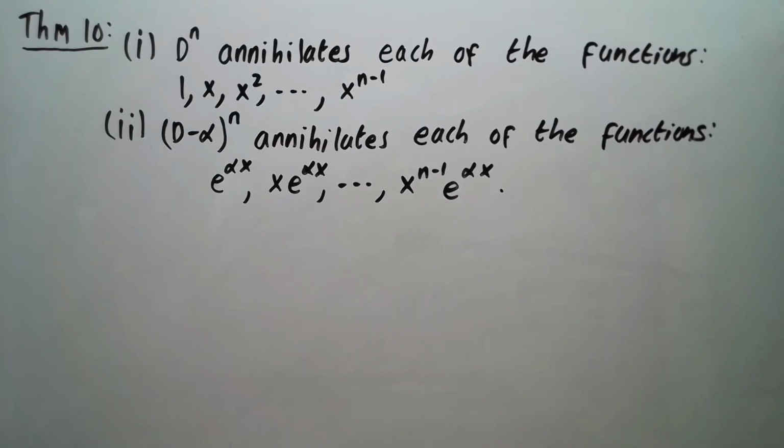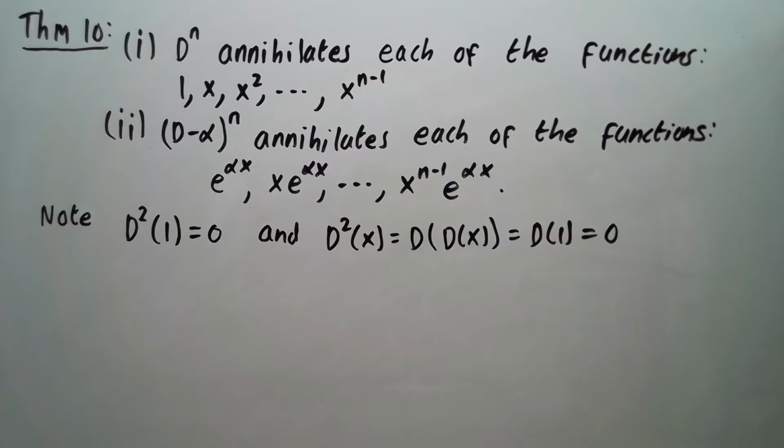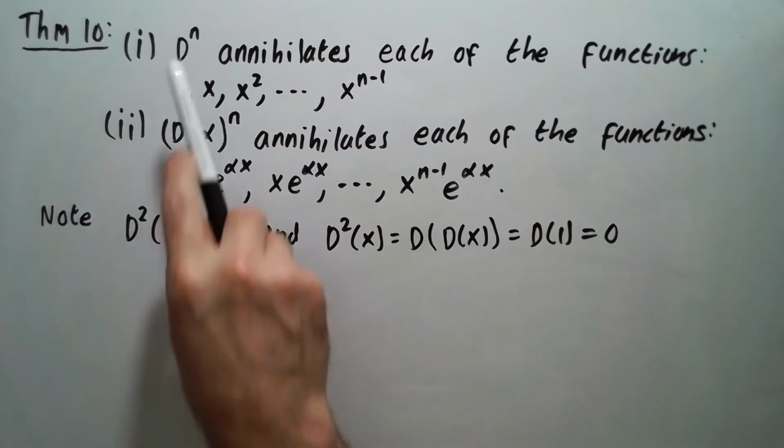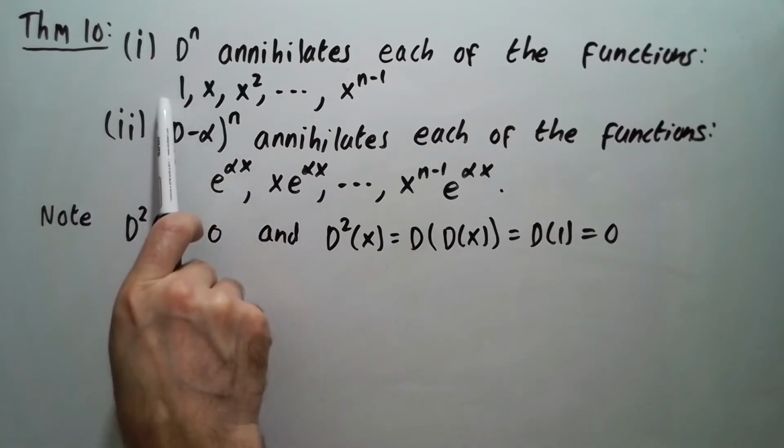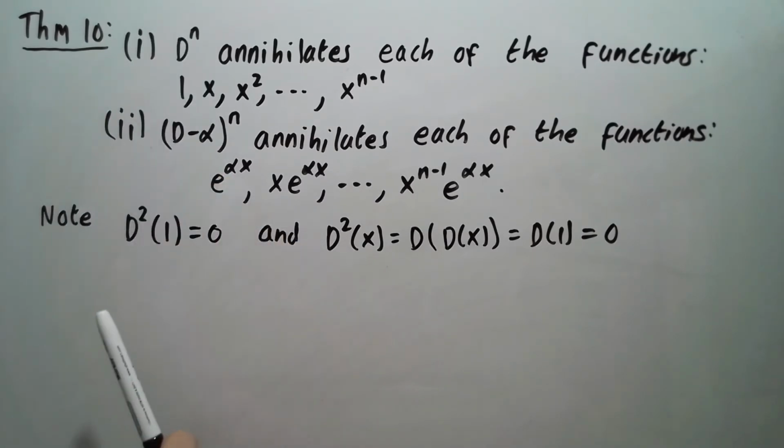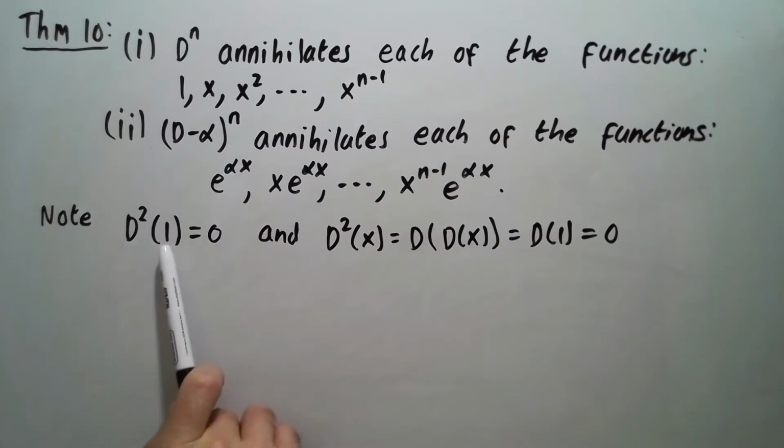Okay, so let's get some intuition here before we look at the proof. Let's choose n to be 2, say. Part 1 would say then that D squared should annihilate 1 and x. So let's see why that's the case. Well, D squared of 1 means the second derivative of 1.